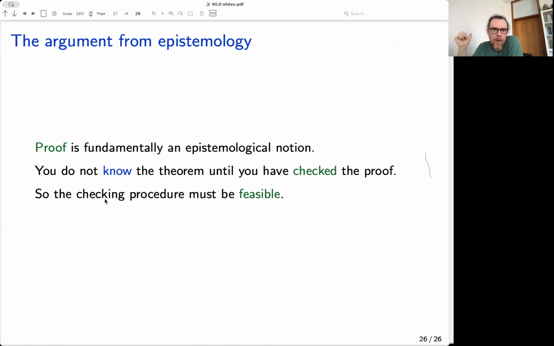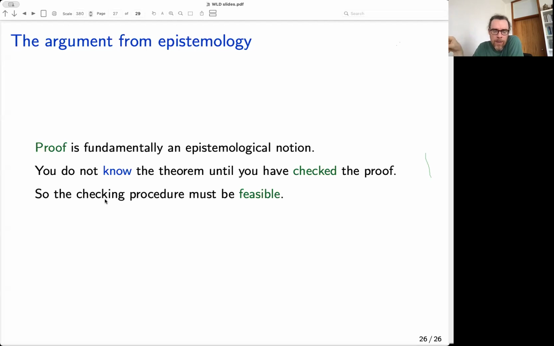Generally speaking, nobody's going to know any theorems unless there are proofs that have come from somewhere. So by the same reasoning, for you to know a theorem, somebody has to be able to construct the proof in order for it to be there for you to check. So in order for any of us to know any theorems, someone has to be able to construct the proof of the theorem.